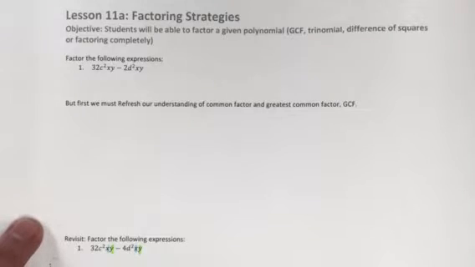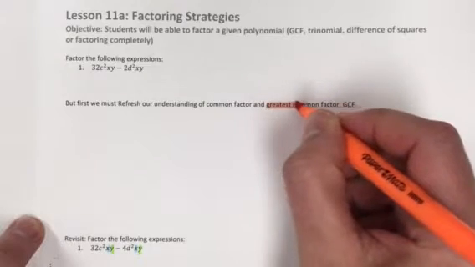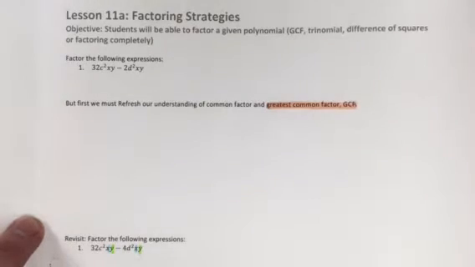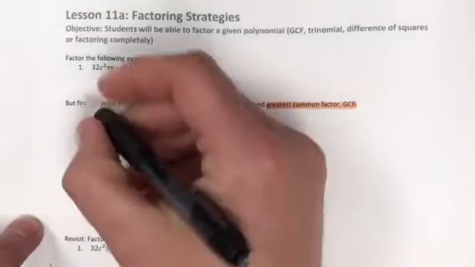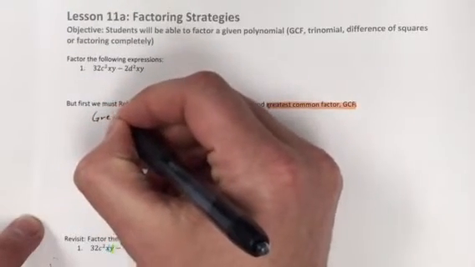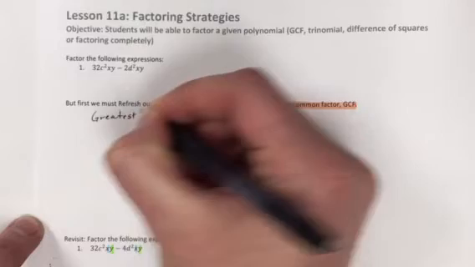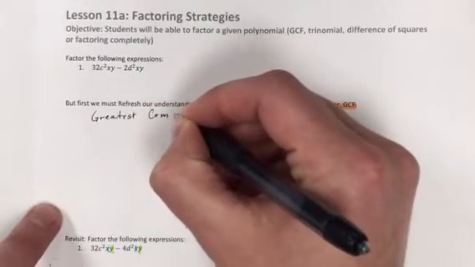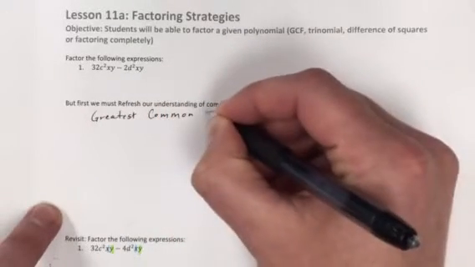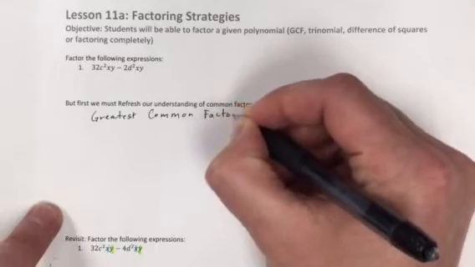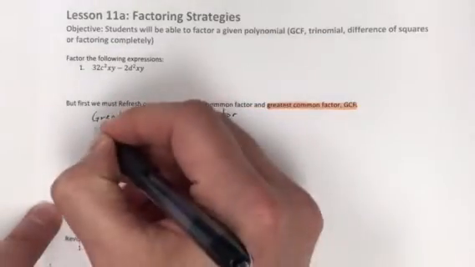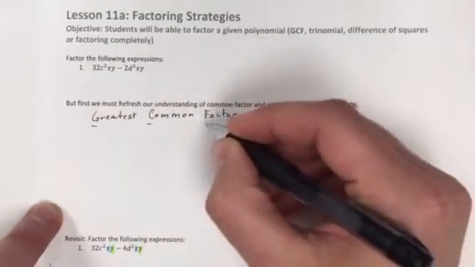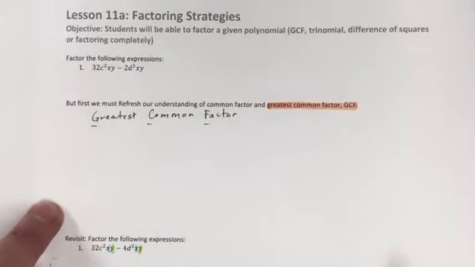The problem is many of us don't exactly remember what is the greatest common factor, commonly referred to as the GCF. So the greatest common factor, it is called the GCF because we have the G, the C, and the F in the leading letters of each of the words.